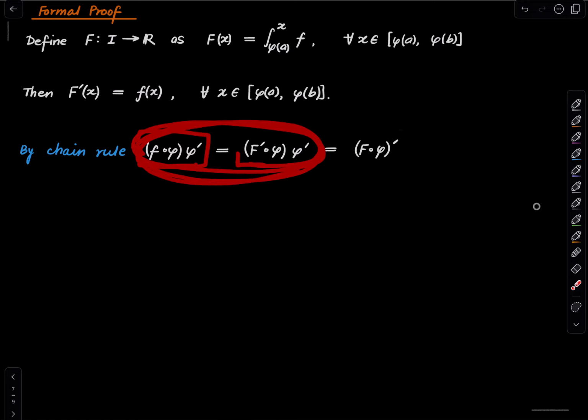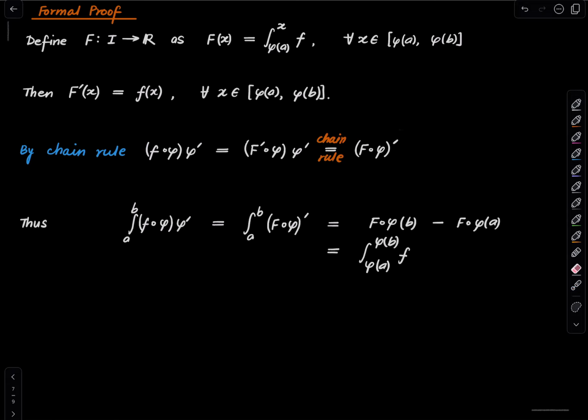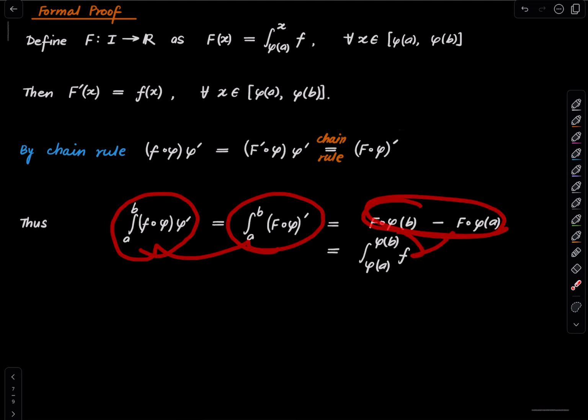There's no chain rule here, but the chain rule is here. So the second step is the chain rule. F prime is f as we noticed here. So here we apply the chain rule, and now this integral is that integral, which by the fundamental theorem of calculus is equal to this value, which is equal to that value.